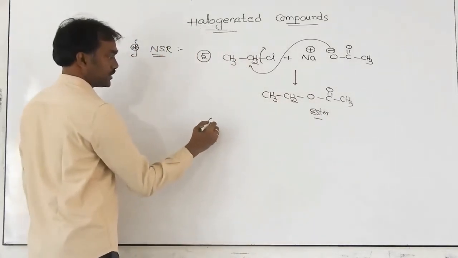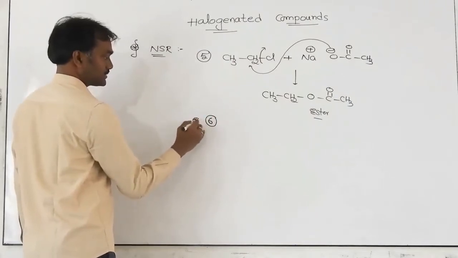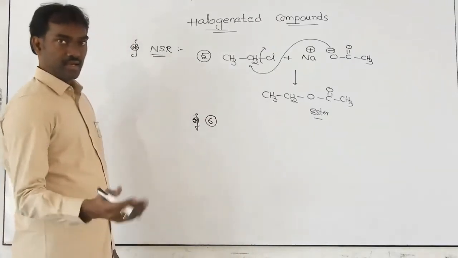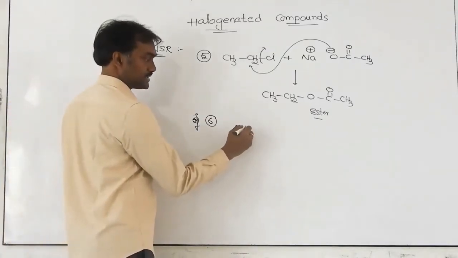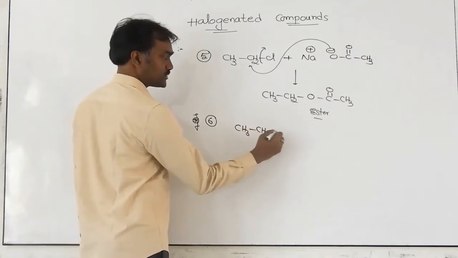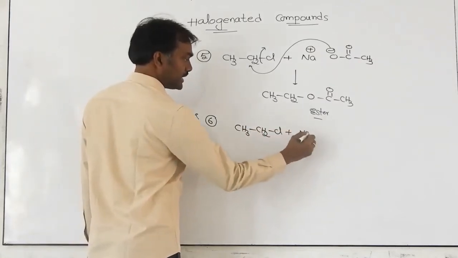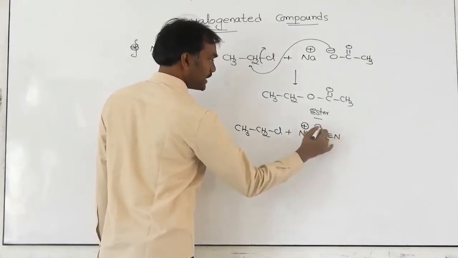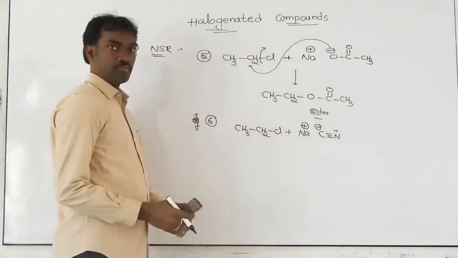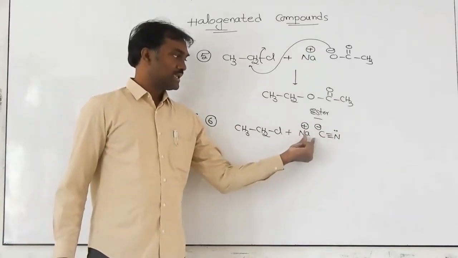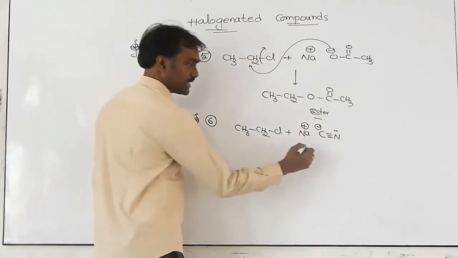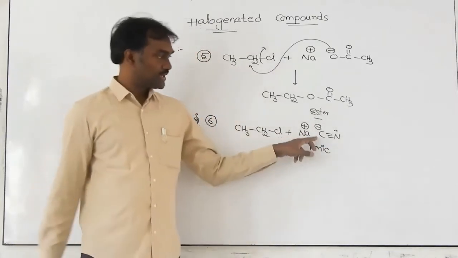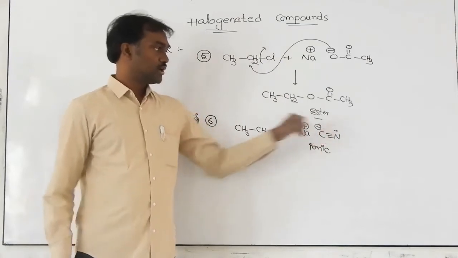Next, another important one. You take NaCN or KCN with CH3CH2Cl. That is Na plus C≡N minus, where two nucleophilic sites are there. NaCN or potassium cyanide has ionic nature, so the carbon gets a negative charge, a lone pair.